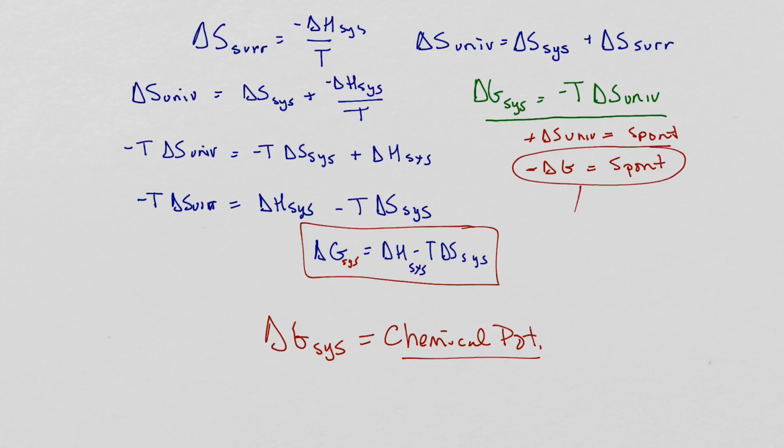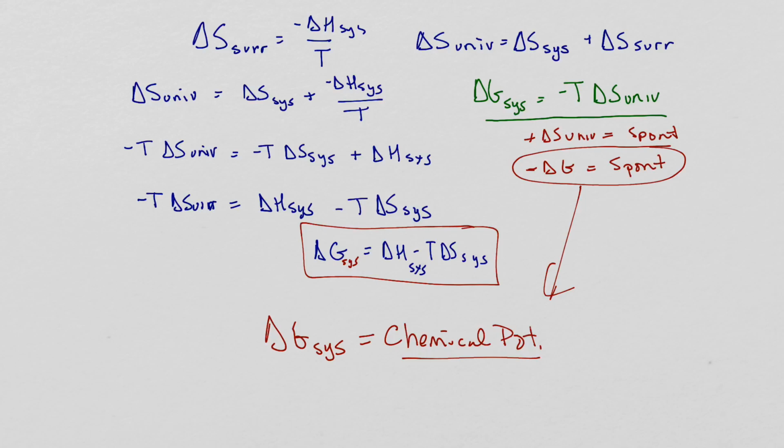So delta G is our chemical potential, and we need a process to have a negative change in free energy in order to be spontaneous. To summarize, Gibbs free energy, or delta G, is proportional to the negative delta S of the universe, as we see here.